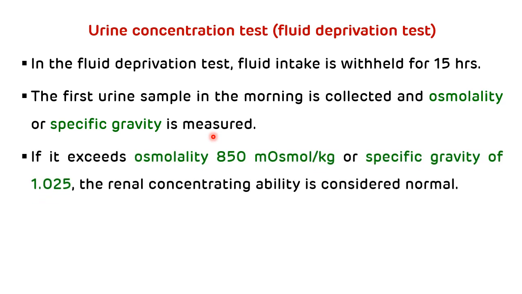If osmolality exceeds 850 milliosmol per kg or specific gravity exceeds 1.025, renal concentrating ability is considered normal.